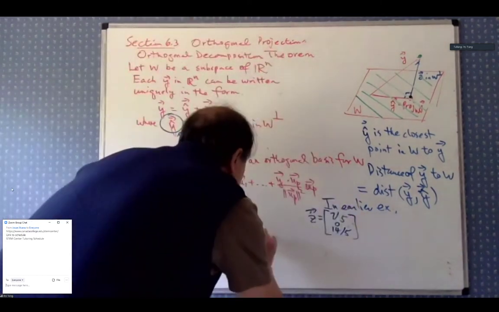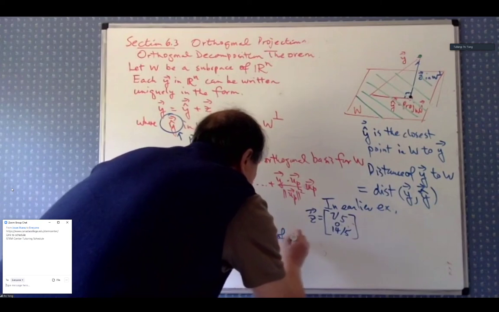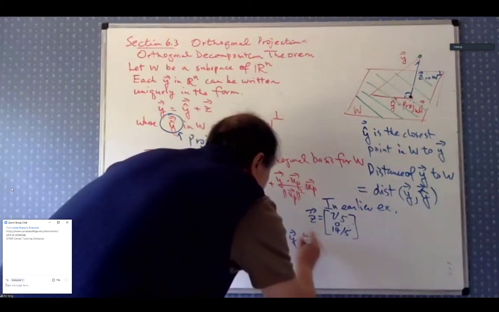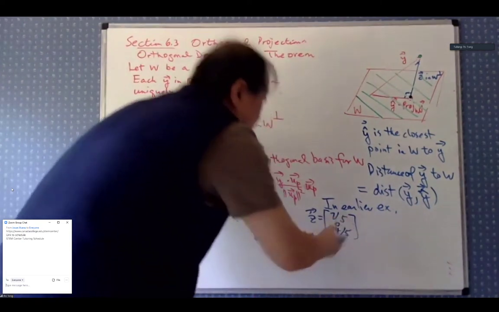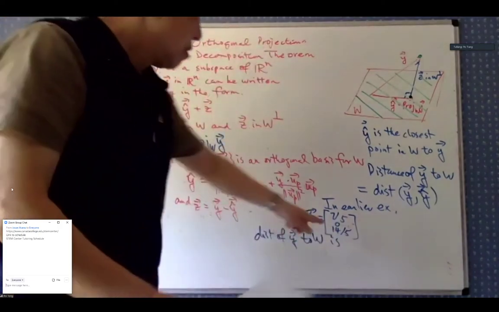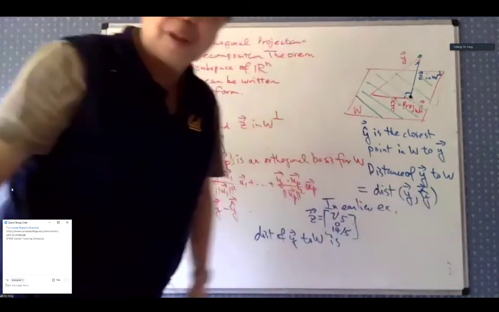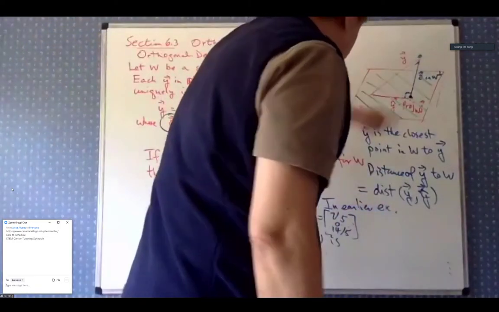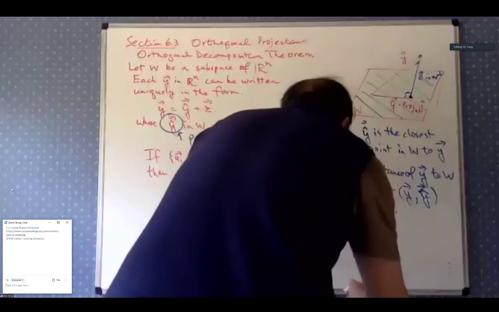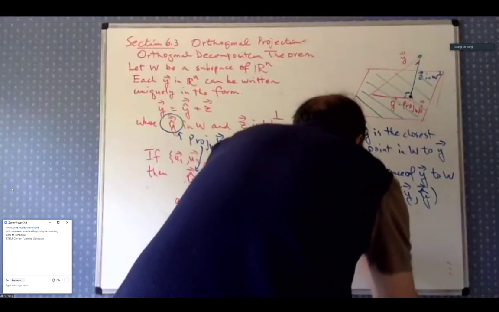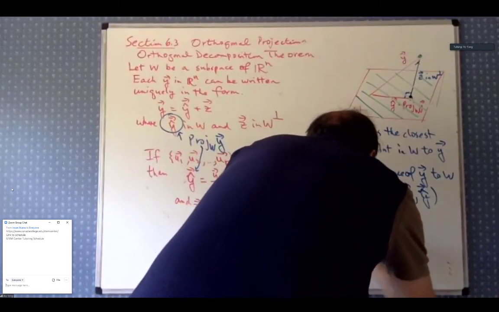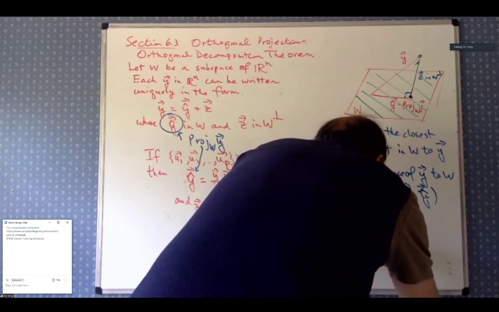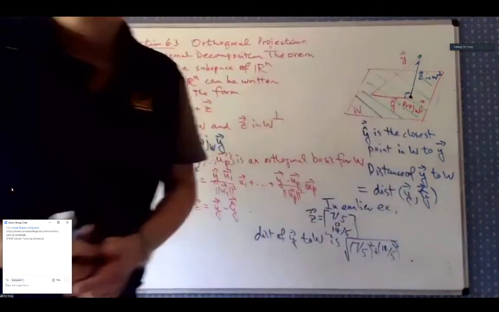So the distance of y to W is the magnitude of this guy, the distance between those two points, which is this vector. So it's going to be equal to the square root of 7/5 squared plus 14/5 squared. Whatever this is. Is it okay?